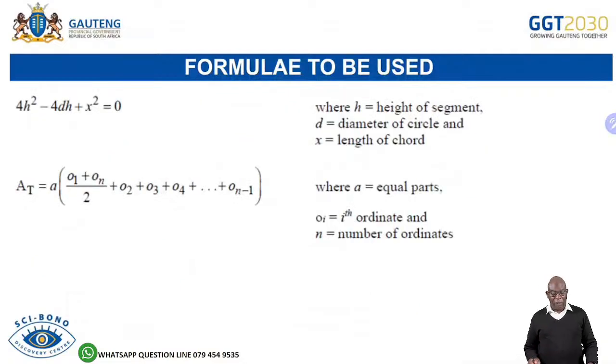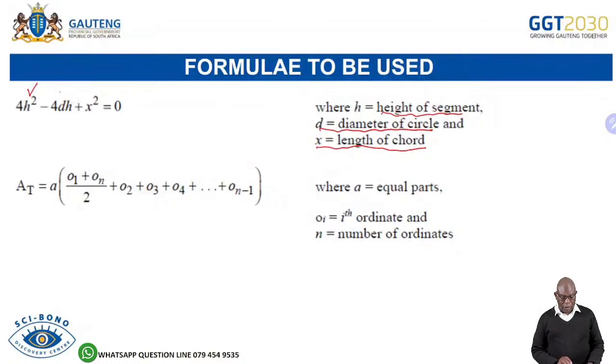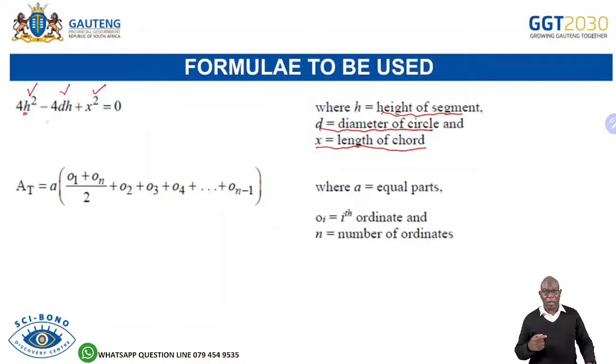All right, the other formula is that relationship. Remember the relationship between the height of the segment, the diameter of the circle, and the length of the chord. So you'll be given two things here. Because I've got the height, the diameter, and the length of the chord, I'll be given two of those, then from there I must get the third one.